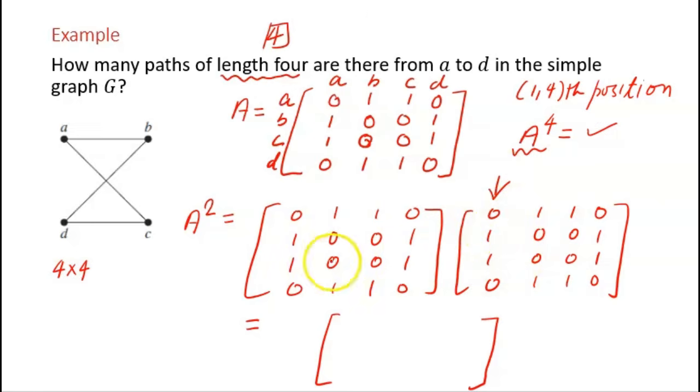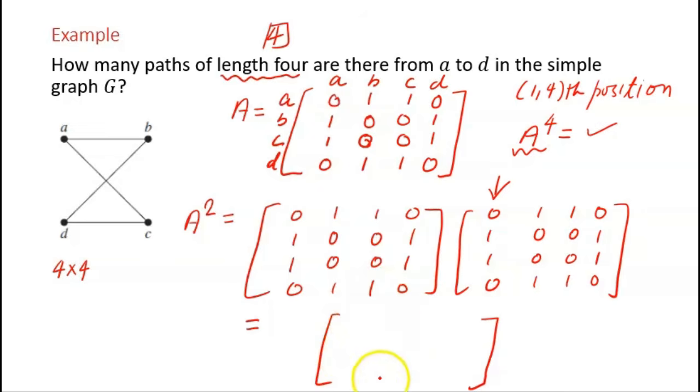So if you look at this column here, this column has 4 entries, 0, 1, 1 and 0. And these 4 entries are going to act as 4 scalars. So when I multiply this whole matrix by this column, I will get the first column of the product matrix.